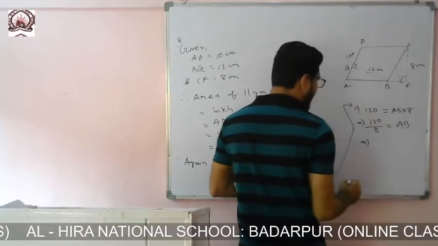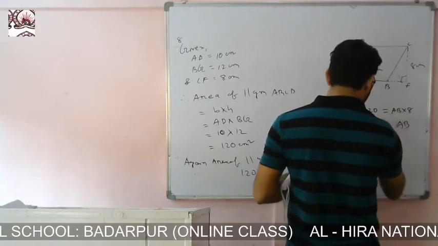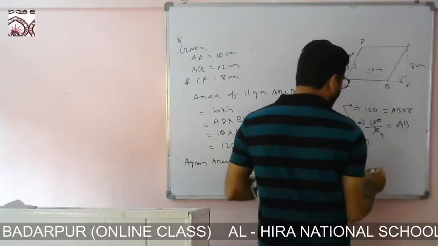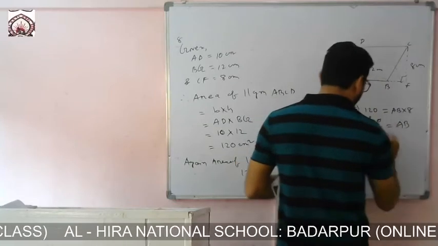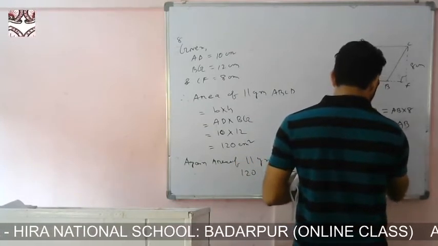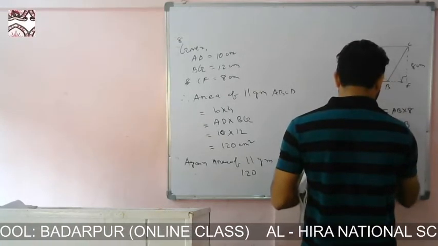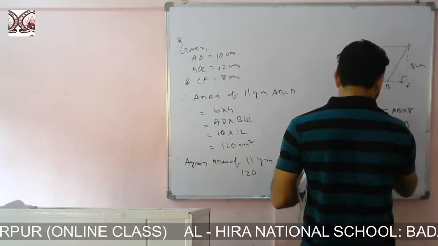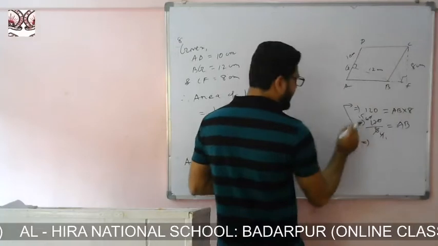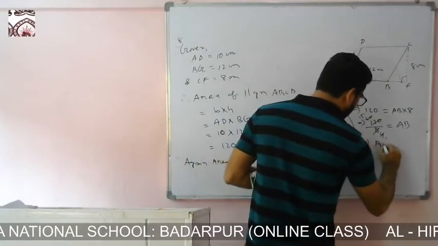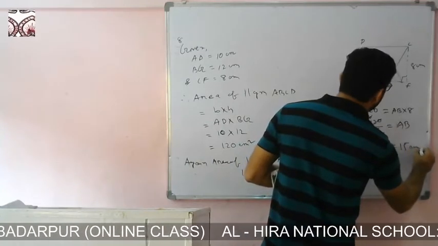Here if I cancel, 8 times 6 is 48, remainder 6... so 8 times 15 is 120. So I can write AB equals 15 centimeter.